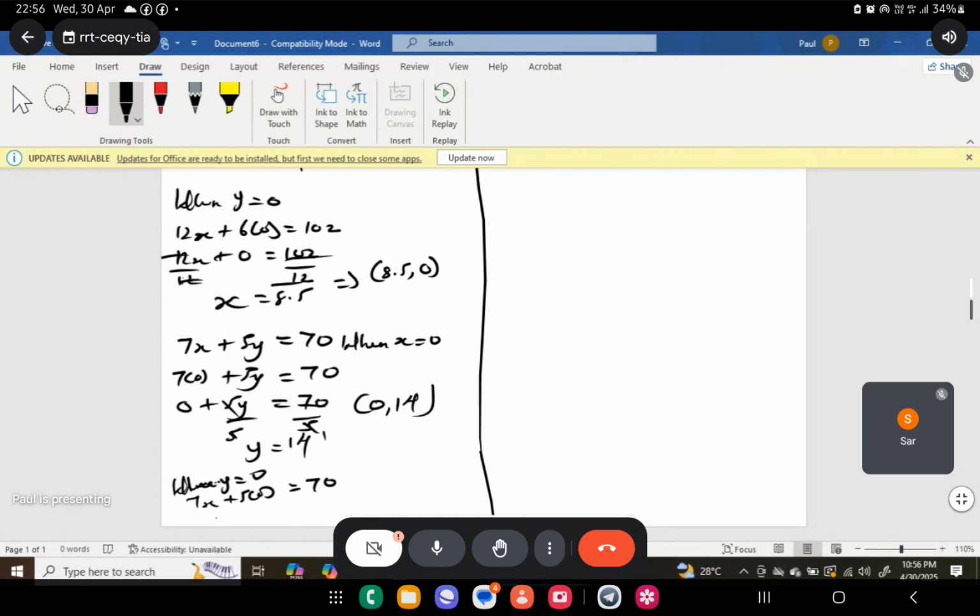We get 7x plus 0 being equal to 70. 7x being equal to 70, we divide it by 7, divide it by 7. Let's cancel this. 7 will go here, 10. So our x will be what? 10. So the second coordinate becomes x being 10, y being 0. Do you understand?